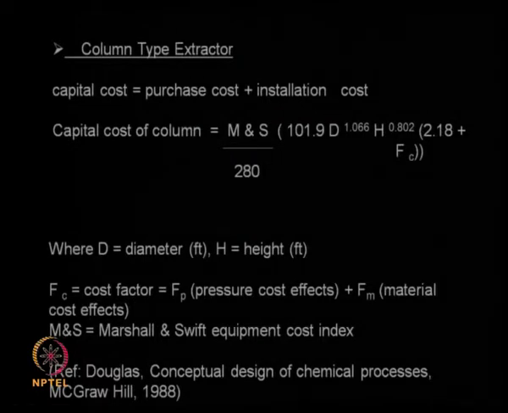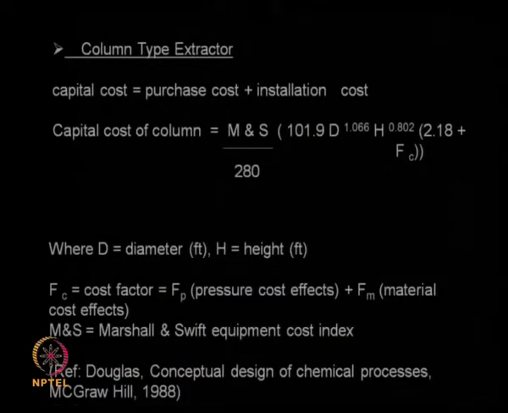Sometimes I may purchase an equipment for rupees 1 lakh, but by the time I make it operational I may be spending another 2 lakhs. So the actual capital cost will be 1 plus 2 lakhs. So you need to consider the other factors also.